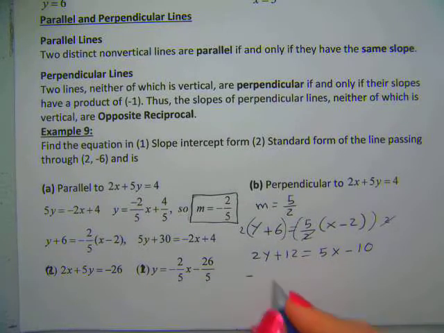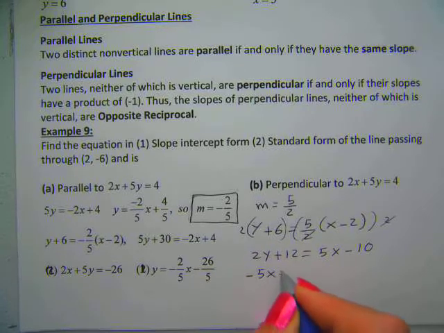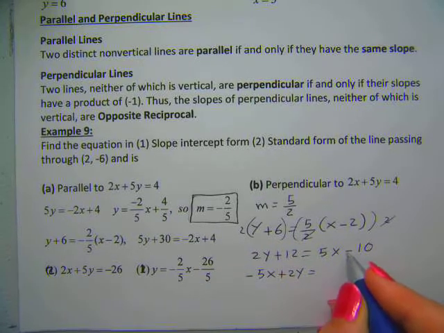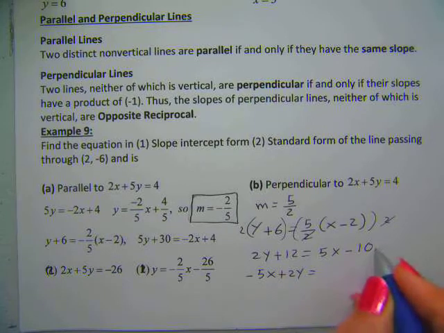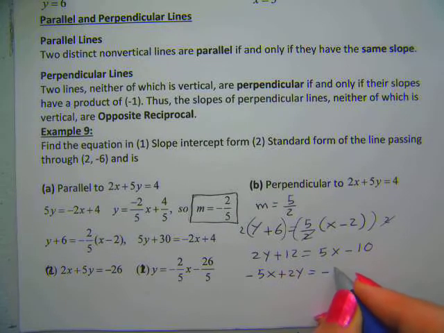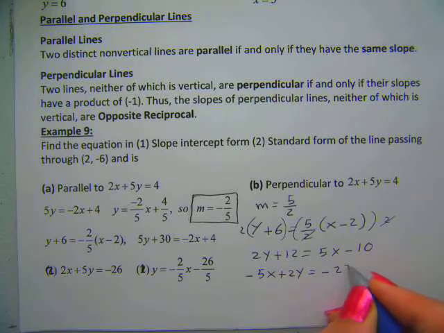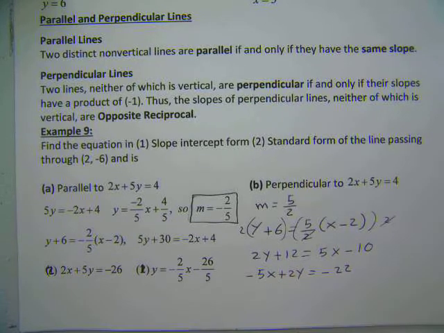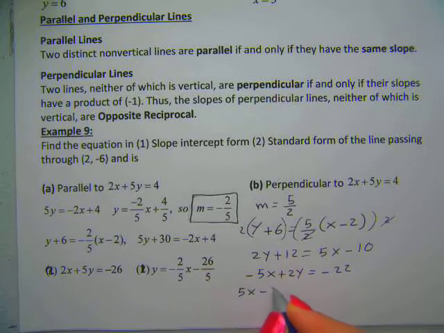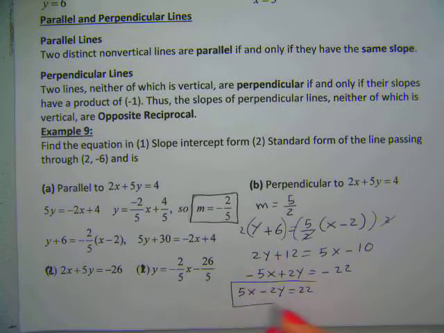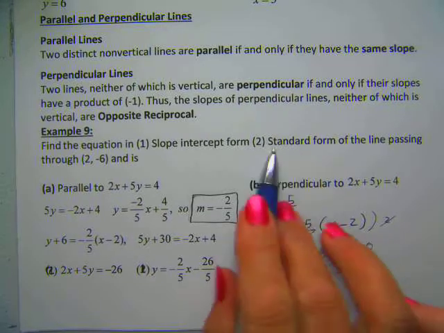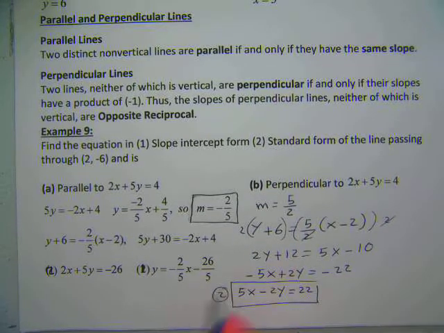So we're going to get negative 5x plus 2y is equal to negative 10, negative 12 is negative 22. But remember, the coefficient of x cannot be negative. So multiply the whole equation by negative to get 5x minus 2y equal to 22. And that's the standard form. So this is the 2.